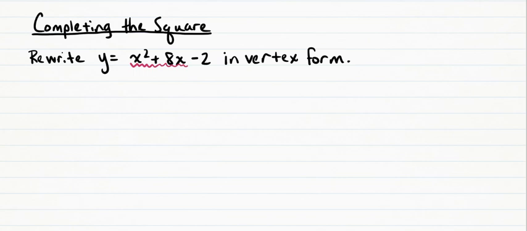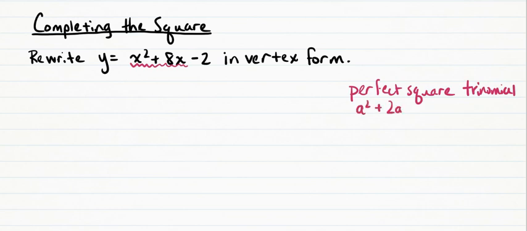And a perfect square trinomial is one that's in the form a squared plus 2ab plus b squared, or in the form a squared minus 2ab plus b squared.